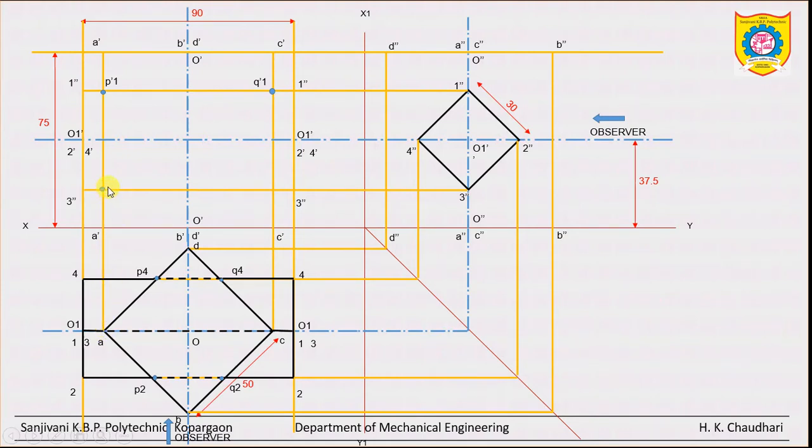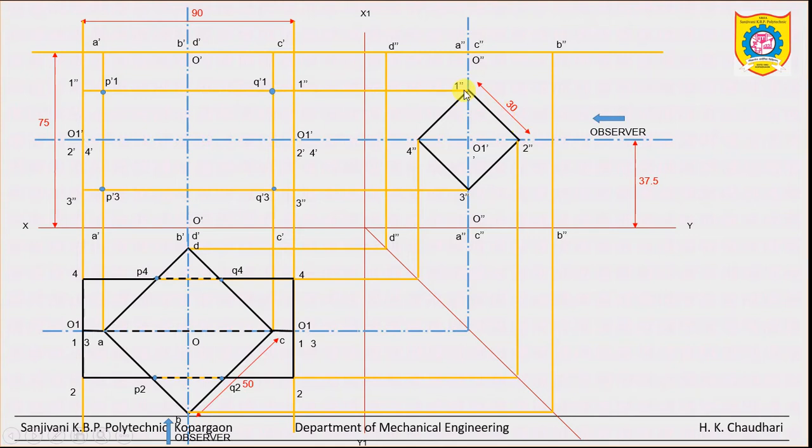So this is the intersection P-3. Similarly, this will be Q-3. Correct?